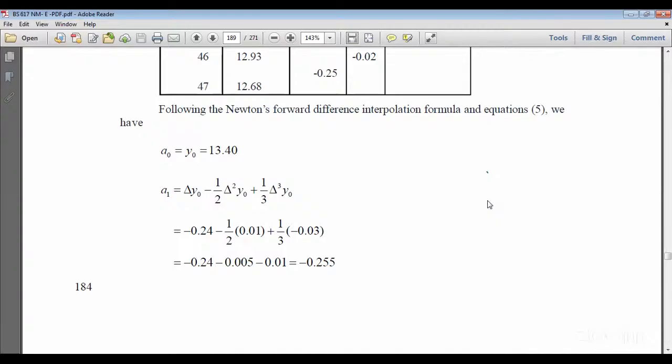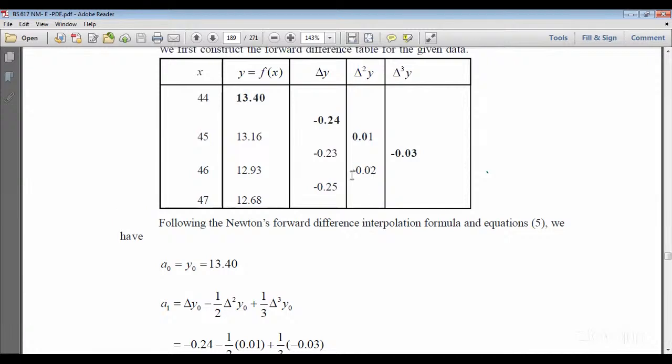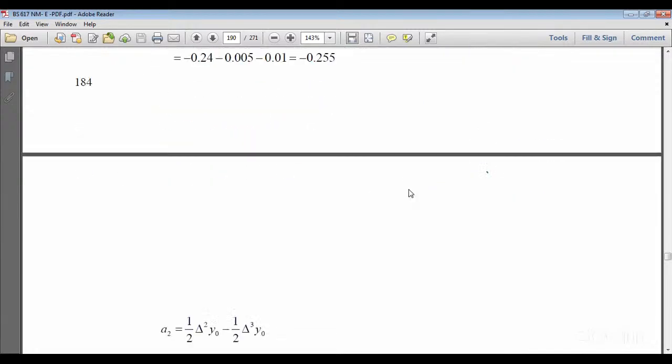Let's apply the values of minus 0.24, then minus 0.005, so that is the value applying here, minus 0.255.